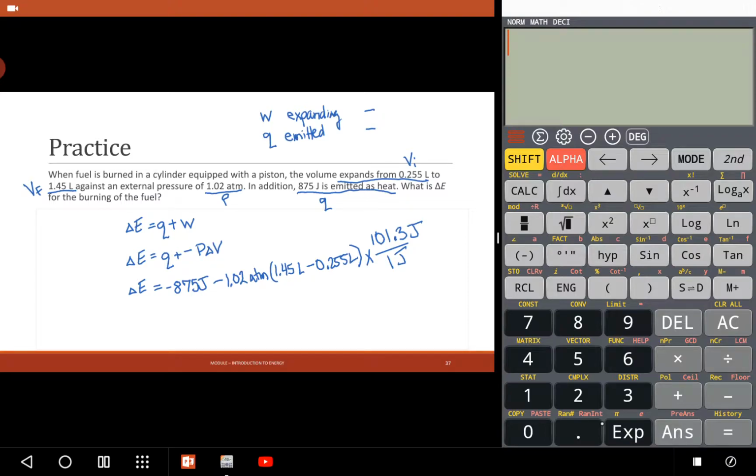So it's going to be minus 875 minus 1.02 times 1.45 minus 0.255 times 101.3.